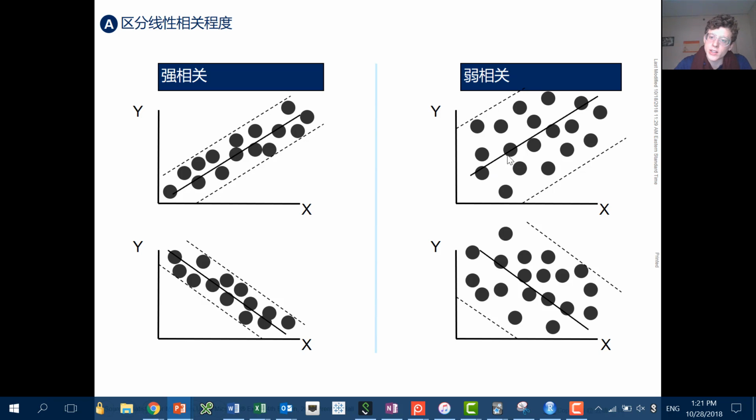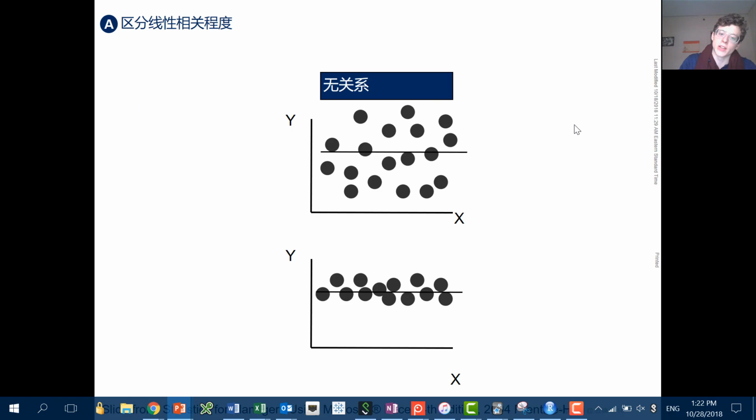So most of the error should be around here, some of it will be around here. And a normal distribution looks like a bell, like that. This is a strong relationship, this is a weak relationship. And then similarly, here is no relationship. Even if it's spread out or tight, we would say there's no relationship between these two.